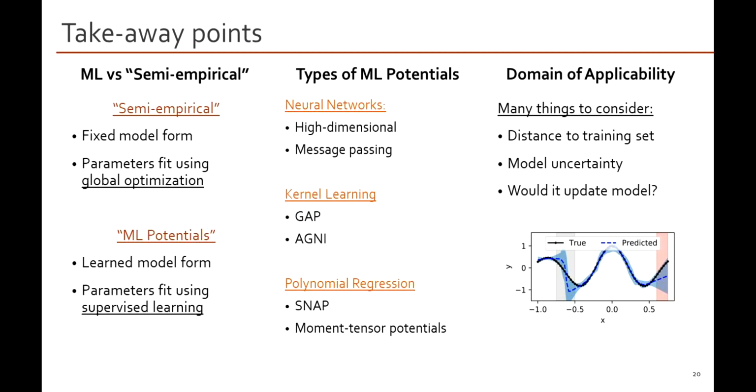And beyond understanding how these machine learning techniques work, one area that you should also become an expert in, if you are to use machine learning potentials a lot in your work, is how to assess their domain of applicability, and in particular how you can use tools like the distance to a training set or variations within a model's uncertainty to understand where it should be more trustworthy or not. And those are going to be the kind of practical lessons that we'll give in the Jupyter Notebook assignments that go along with this part of the course.